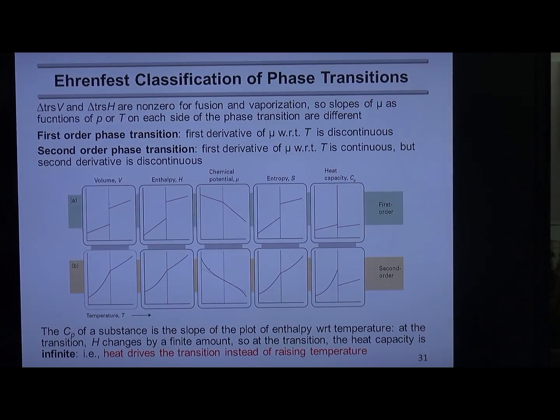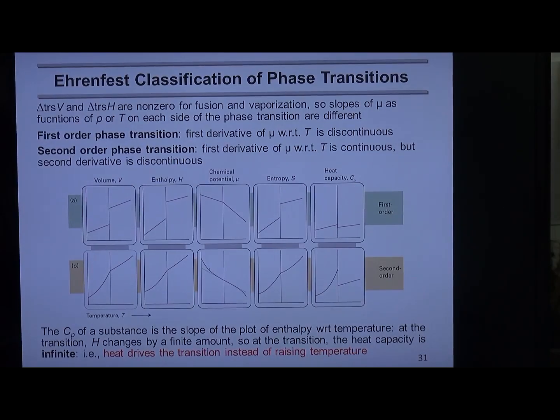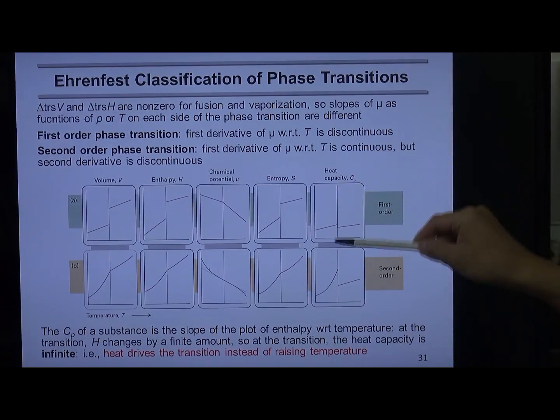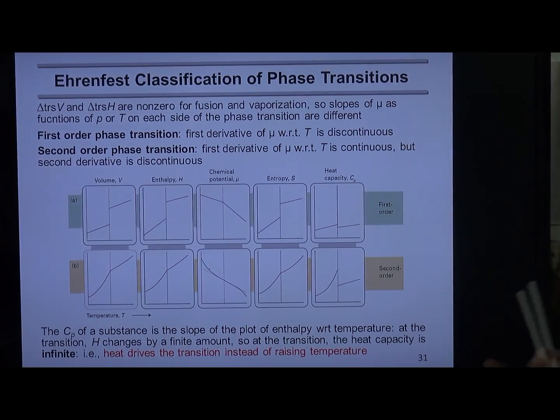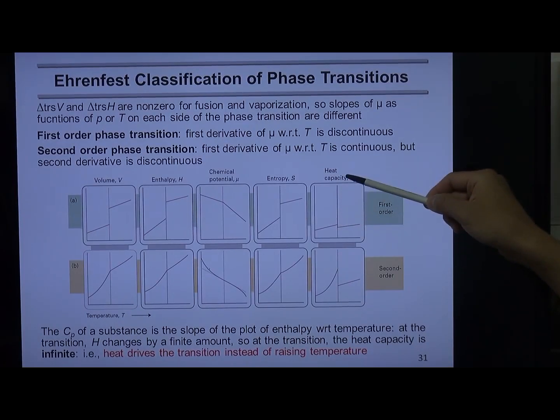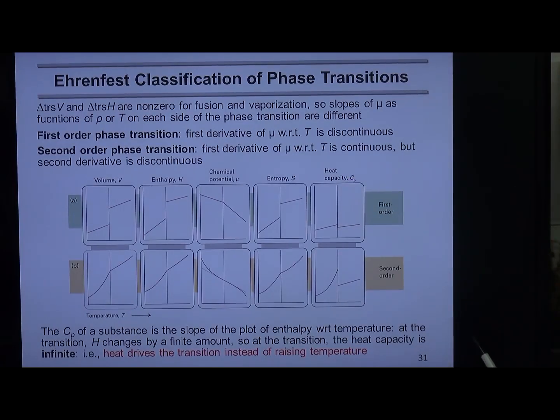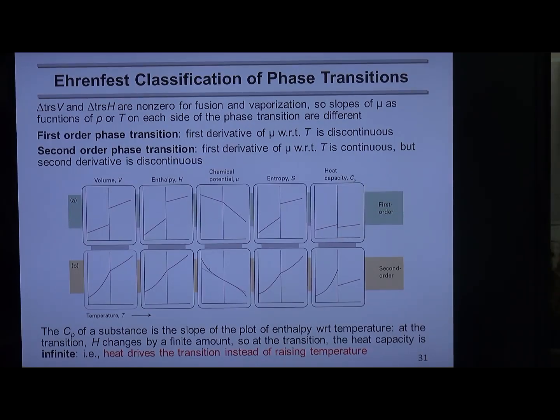The reason is that the definition of heat capacity is the amount of heat needed to increase the temperature by 1 Kelvin, right? But when you encounter a phase transition, although you add a lot of heat, there is no temperature change, right? When water boils, it occurs at 100 degrees C. No temperature rise. So that's why heat capacity has an infinite value. Okay?